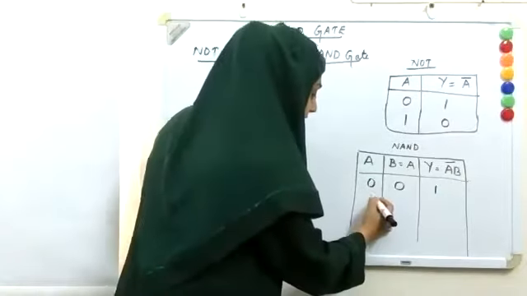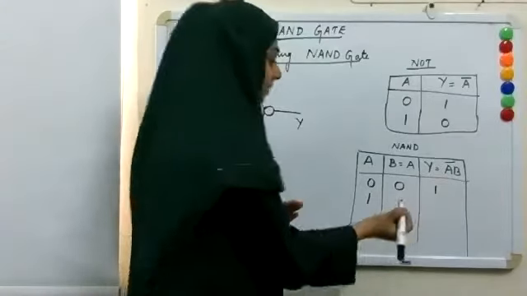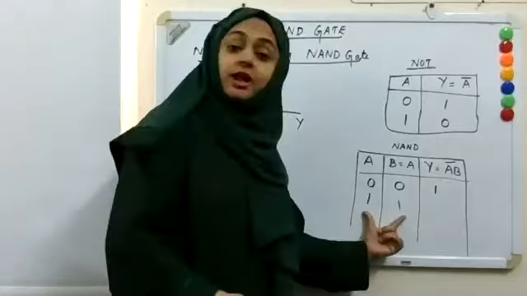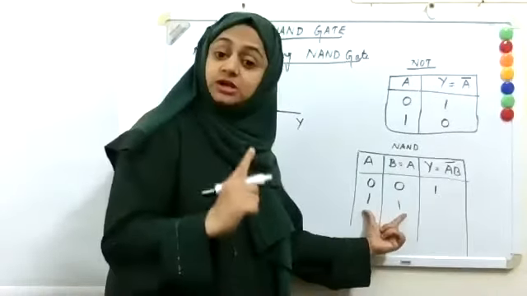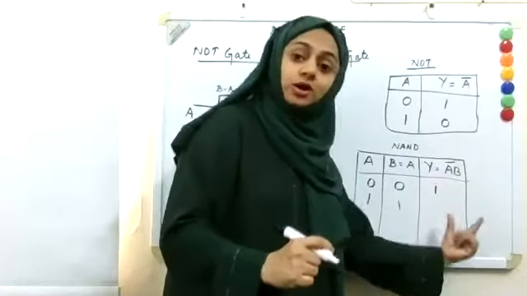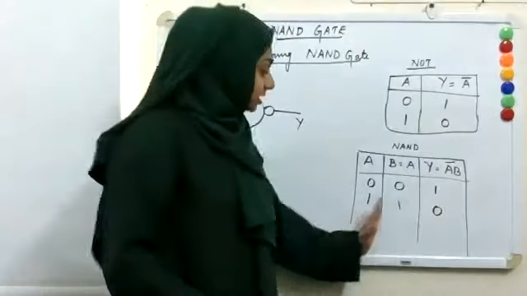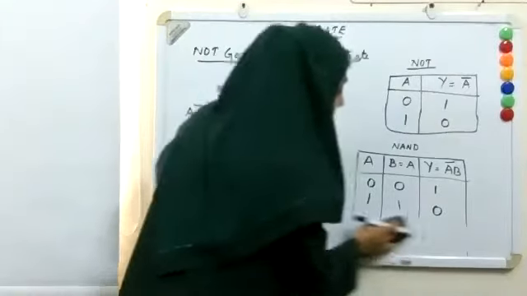Now the next possible input is 1 for A. B also will be 1. So 1 and 1 is 1. And therefore a not. Not 1. So 0. That's it. No other possibility is there because A and B are the same.